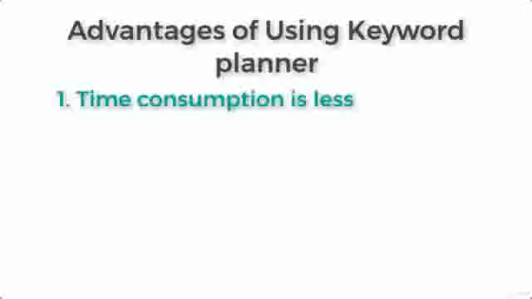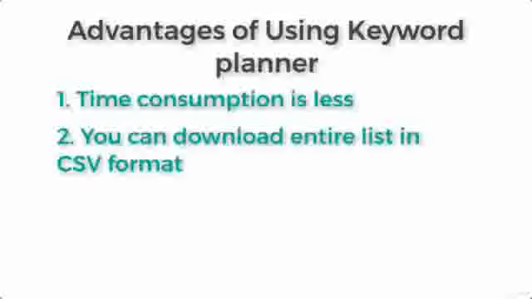There are several advantages in using Keyword Planner compared to the earlier method. First, time consumption is less. That is, instead of collecting the keywords from 4 different SEO tools, you are getting keywords from a single tool. Second, Keyword Planner allows you to download the entire keyword list into Excel CSV format, so it's easier to shortlist the keywords based on different criteria.